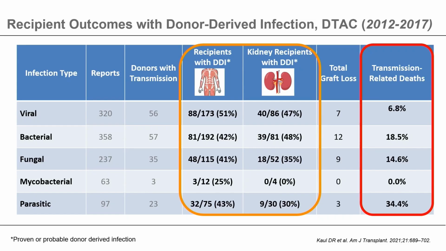Fortunately, for kidney recipients, across all the categories, viral, fungal, mycobacterial, and parasitic, with the exception of bacterial, it's a lower proportion than for lungs, liver, and heart recipients.